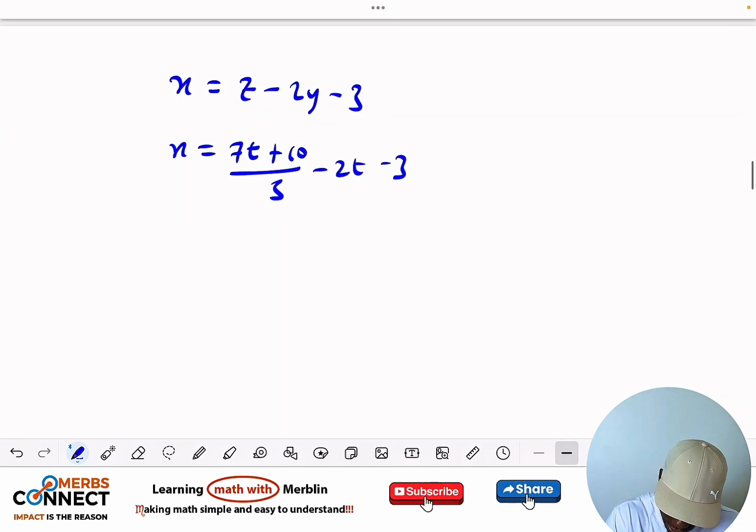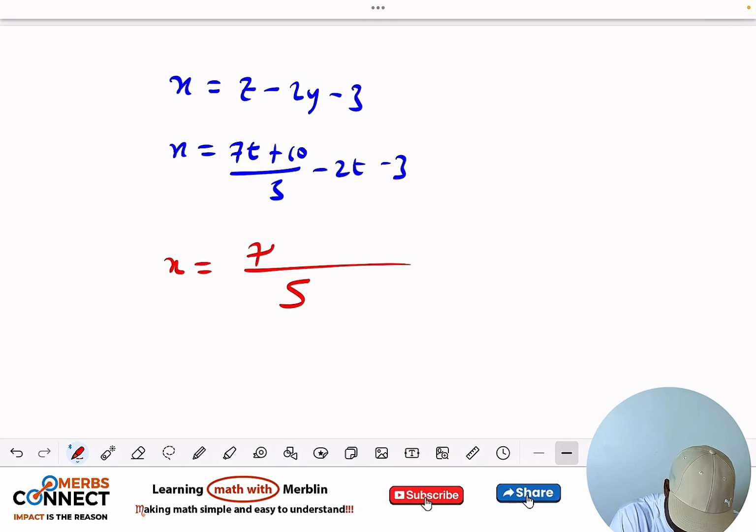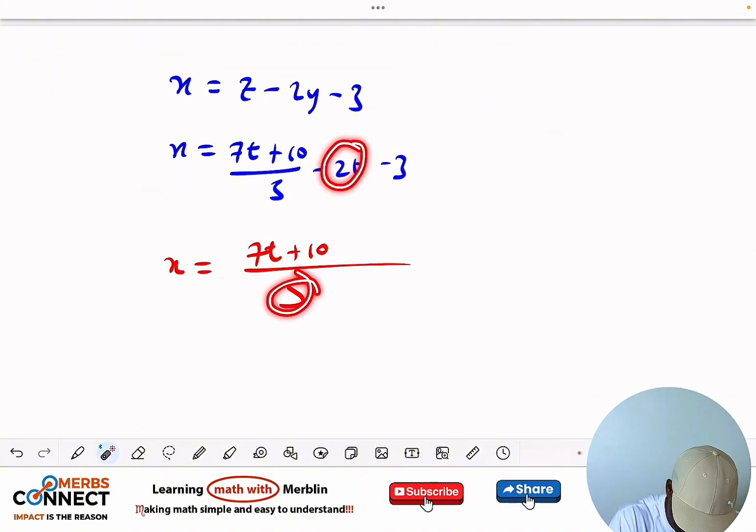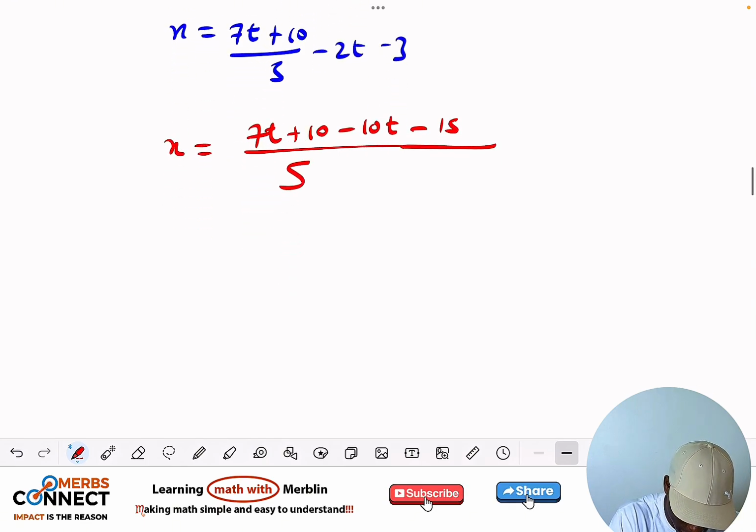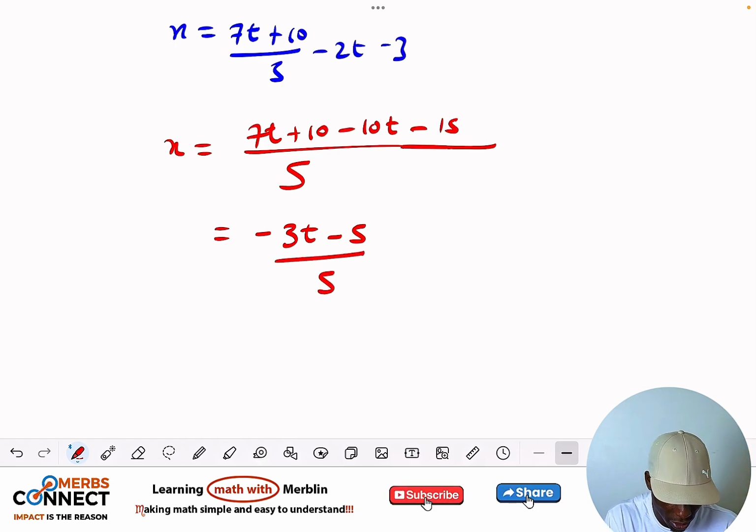So x will be equal to, LCM is 5, 7t plus 10, then this 5 will multiply this, giving us minus 10t. 5 times 3 is going to give us 15. So this is going to give us minus 3t minus 5 divided by 5. So this is what we are going to get for x.